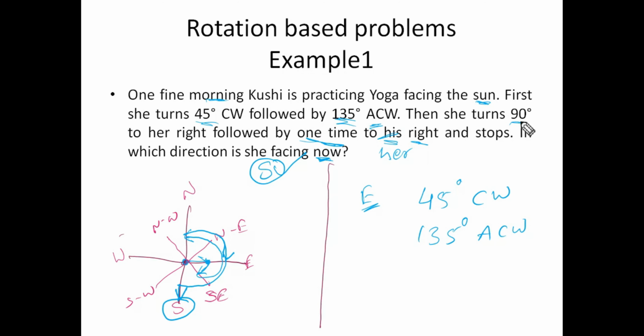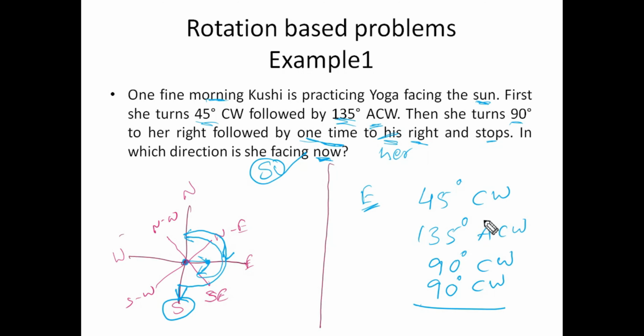Then she turns 90 degrees to her right, nothing but clockwise. And followed by one time to her right, nothing but 90 degrees in the clockwise direction. And that's all.